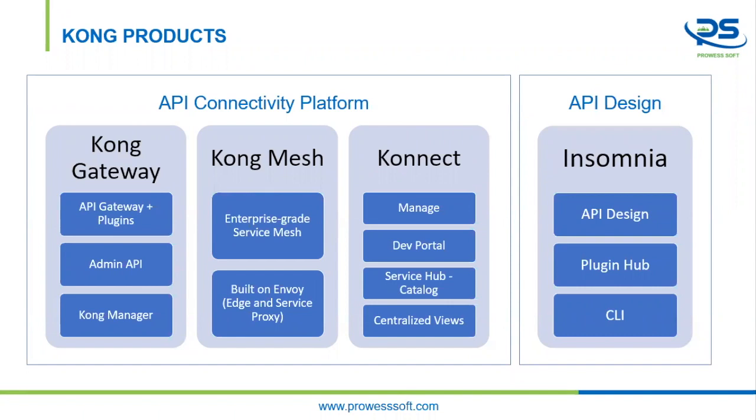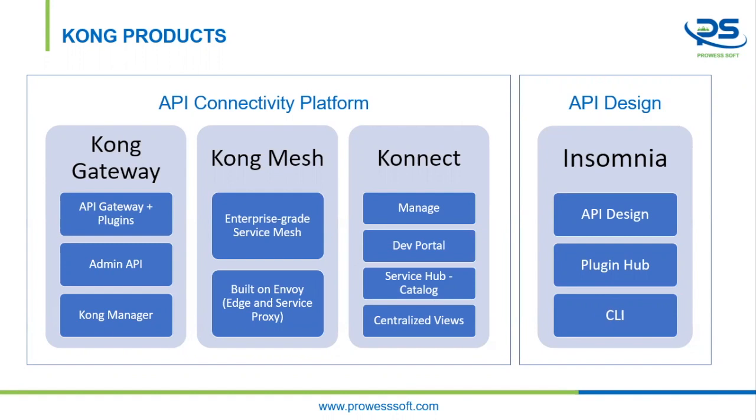On the API design front, Kong provides Insomnia. Insomnia is a free product that can be used for API design. It can also be used as a REST client for your testing. It comes with a CLI that can be used to invoke your REST APIs.